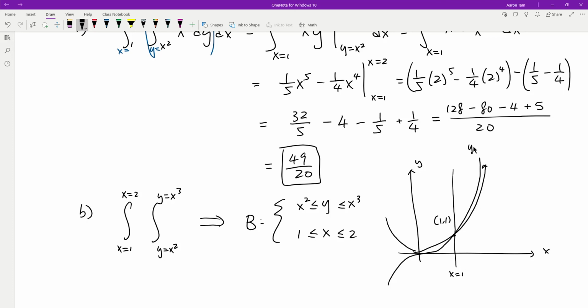So I'm going to write this down. This is y equals x to the third. This is y equals x squared. And then x equals 2 will probably be somewhere over here, where it forms this point 2, 4, and this point 2, 8. So it seems to me that this little region right here would be what the region B will be.